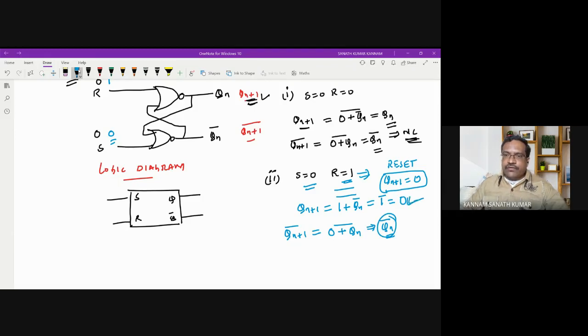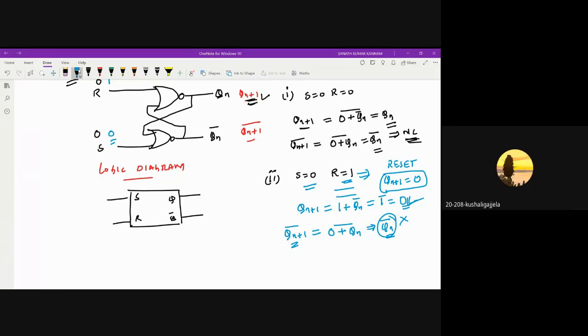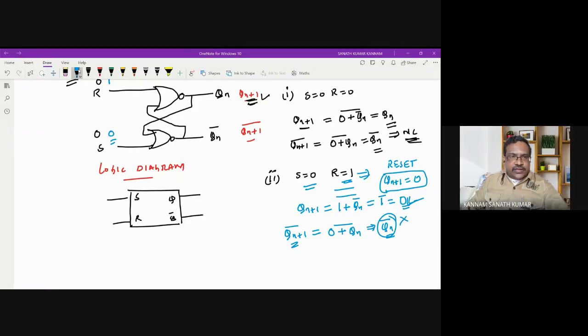No need to go for the complement. Understood? First case itself you got the reset state. So Qn bar means no need to bother about this. First state you got this value, so no need to bother about that. You will get Qn bar. Okay, sir. Okay. So in the second case, I will see the third case.